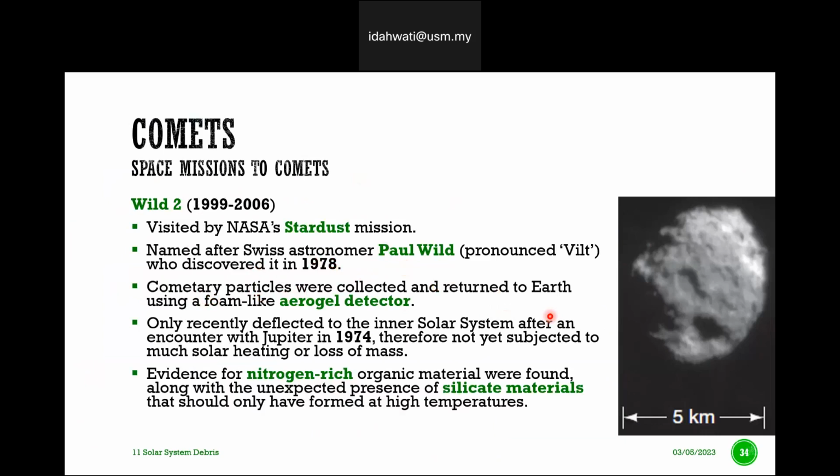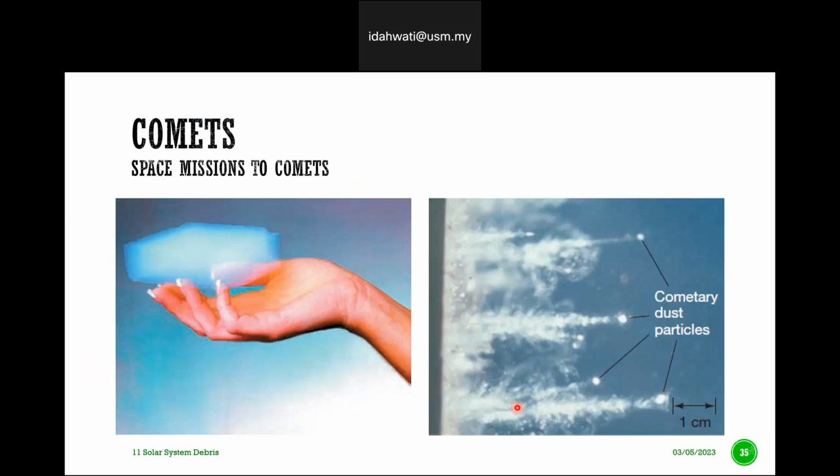Evidence for nitrogen-rich organic material was found, along with the unexpected presence of silicate materials that should only have formed at high temperature. So that is the space mission to comets. This shows the cometary dust particles.